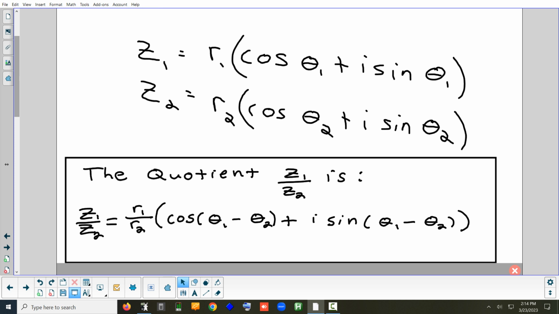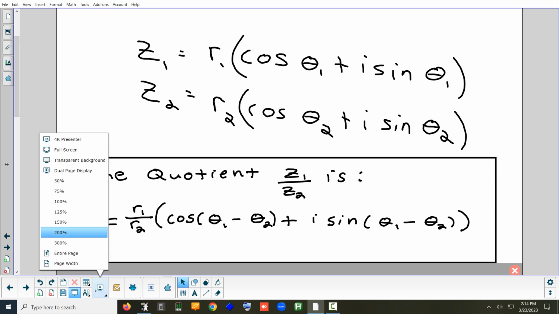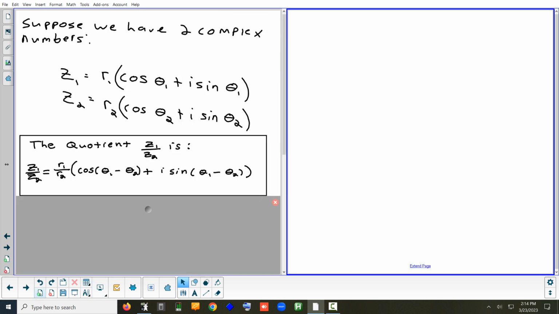And this formula takes the place of having to do something like this. Let's say I had 3 plus 5i, and I wanted to divide by 2 plus 4i. Without that formula, if I want to do this, I need to multiply top and bottom by the conjugate.